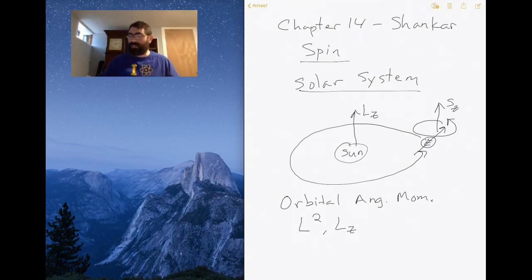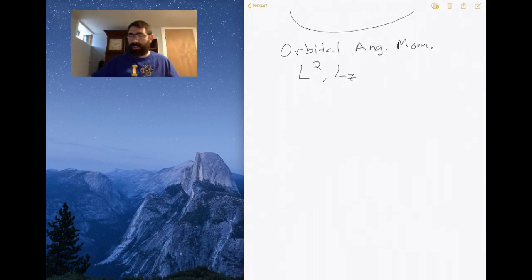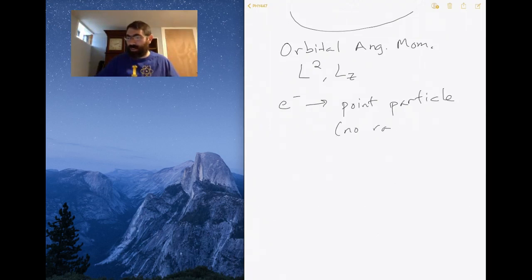However, this analogy fails because the electron is a point particle, meaning that it has no radius. So it's kind of difficult to rotate if it doesn't have any spatial dimension to it.